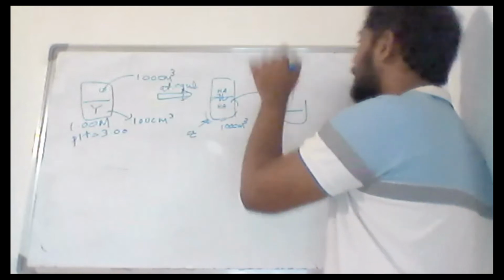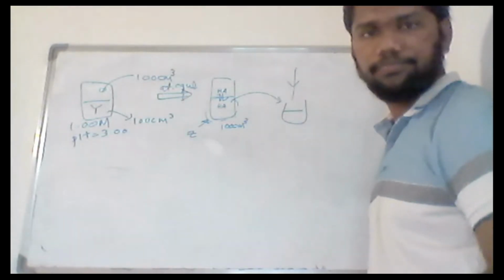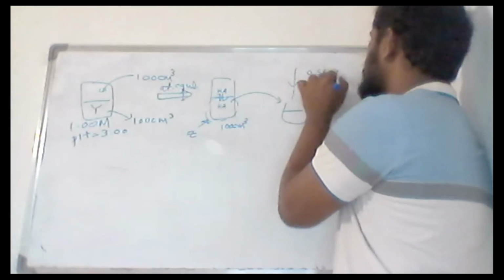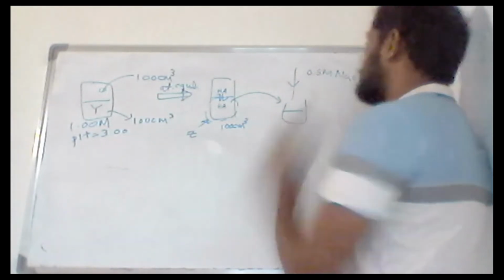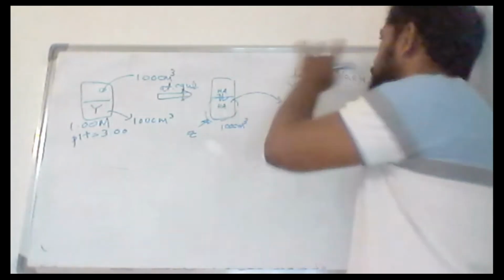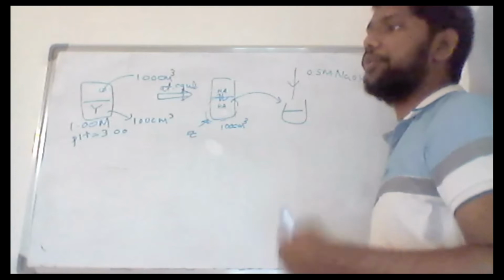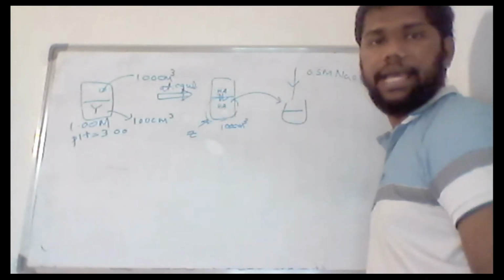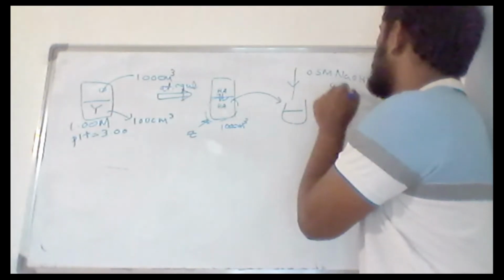And they have now titrated this with 0.5 M NaOH using phenolphthalein. So there is no problem here because this is a weak acid and this is a strong base, so your indicator should be in the basic region, which is phenolphthalein, which is very good. And the volume of NaOH required is 40 cubic centimeter.